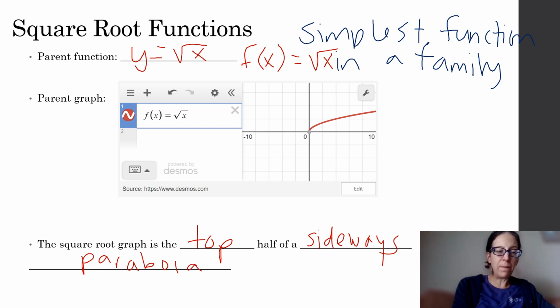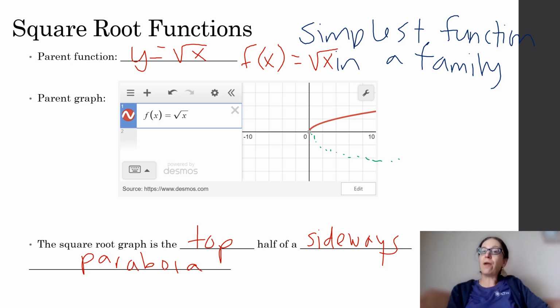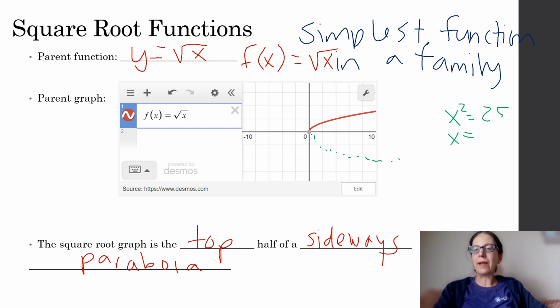So the bottom of the parabola would be down there. But if we included the bottom of the parabola, then it wouldn't be a function because it wouldn't pass the vertical line test. This ties back to, if you remember several classes ago, I expressed my personal annoyance at the fact that if you had something like x squared equals 25, you got the plus and the minus.